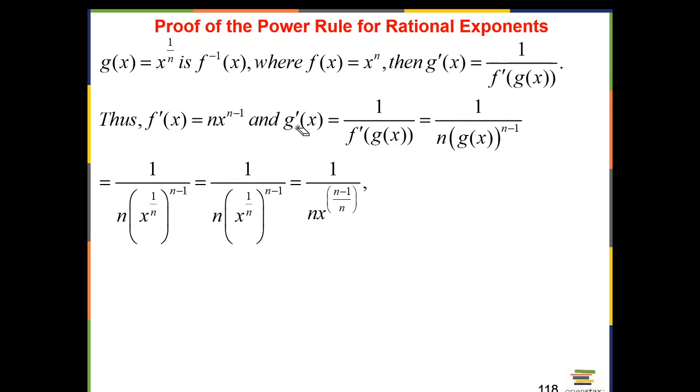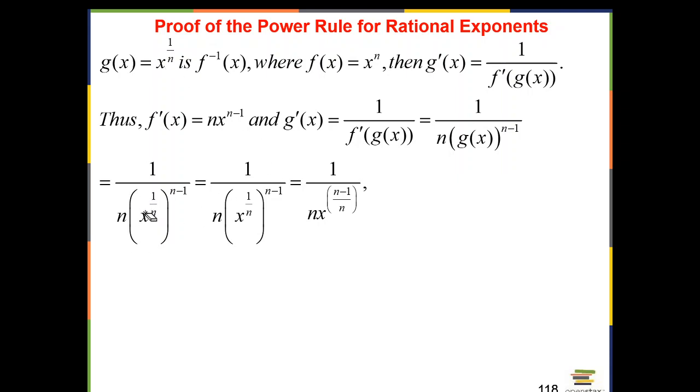So g prime is going to be 1 over the derivative of the function that this is the inverse of, right? Of course, both of them are inverses of each other, but we're going to assume this is the function, this is the inverse. So the derivative of this inverse would be 1 divided by this derivative, which is n x to the n minus 1, but instead of x, we're going to put the inverse, which is x to the 1 over n, right?